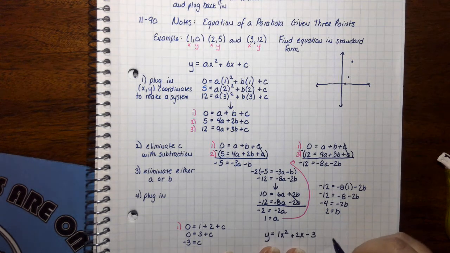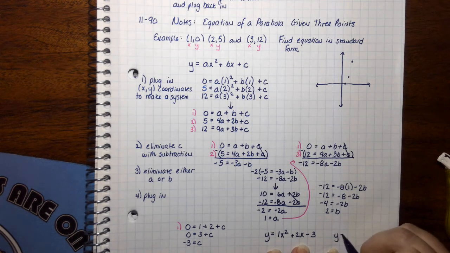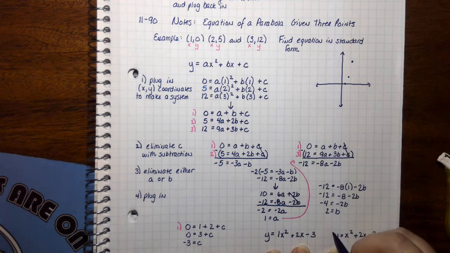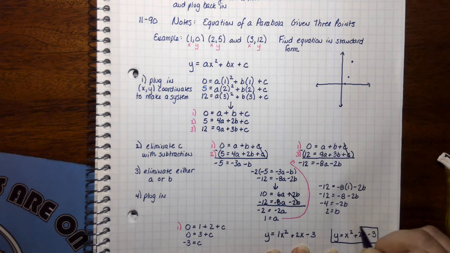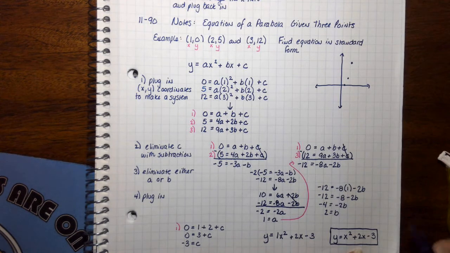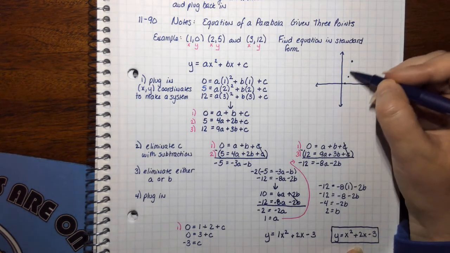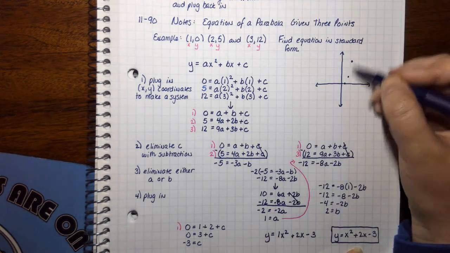So if you guys want to clean that up, that's a perfectly good final answer. Or you could say y equals x squared plus 2x minus 3. And there's the equation of the parabola that goes through those points.